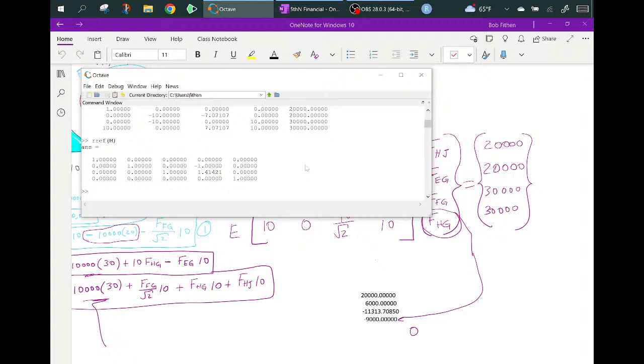What it does is it starts by trying to reduce everything down to the point where you have an identity and then a vector on the right-hand side. So this one that says 0, 0, 0, 1, that's the right-hand side. But what you notice is that last row is 0, 0, 0, 0, 1.